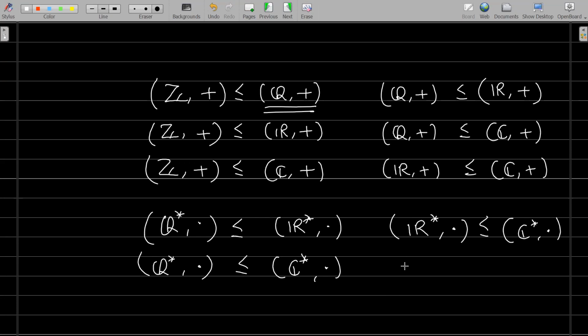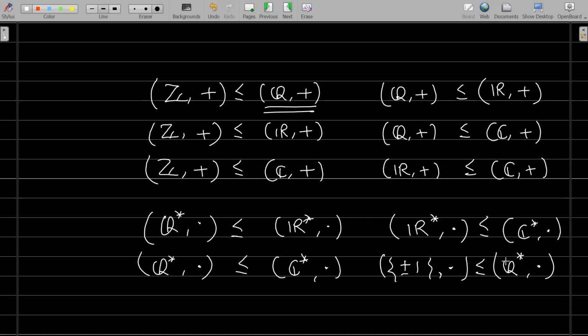Even if you want finite examples, if I take plus minus 1 under multiplication, then that is going to be a subgroup of each of them, like Q star, C star, R star, everything. Shall we go ahead?